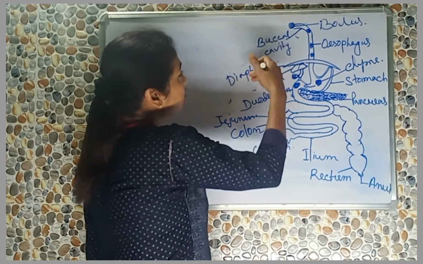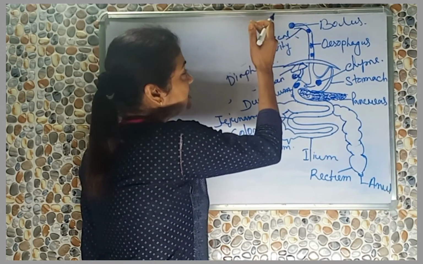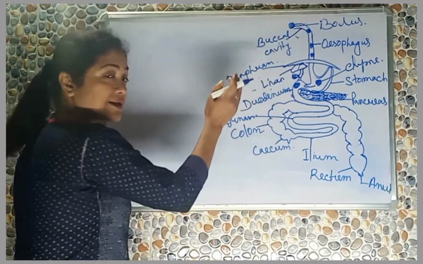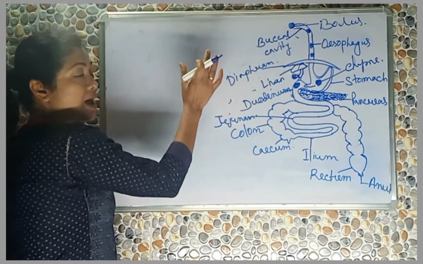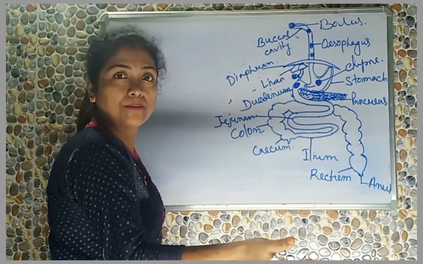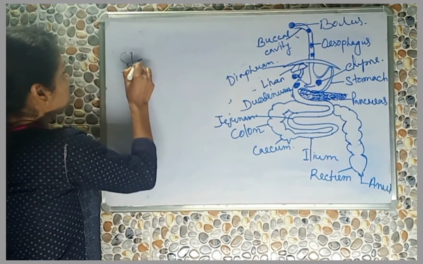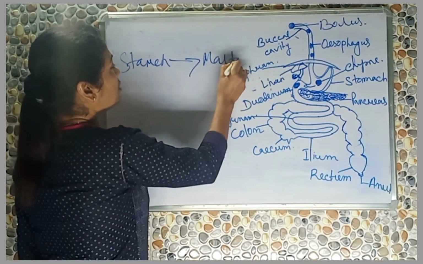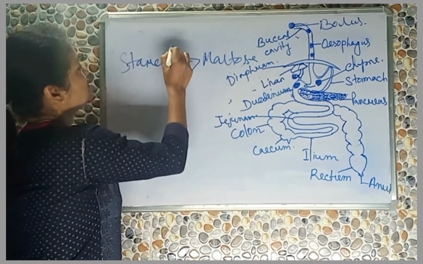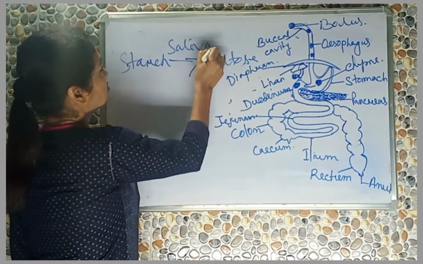Inside our buccal cavity, salivary amylase acts on the starch part of the food, and starch is broken down into maltose.